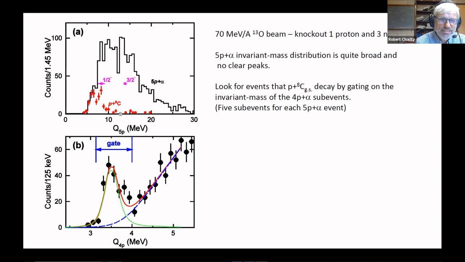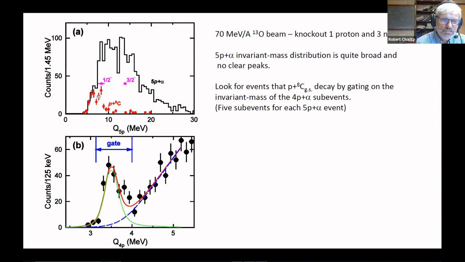So these red data points are the final spectrum we obtain. And you see we've lost most of the yield. That's not surprising. Presumably only the lowest lying states would decay this way.